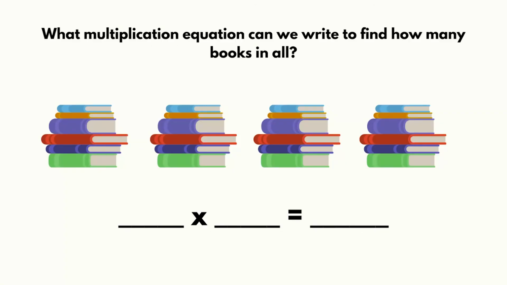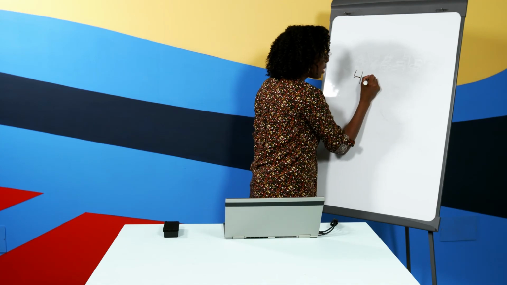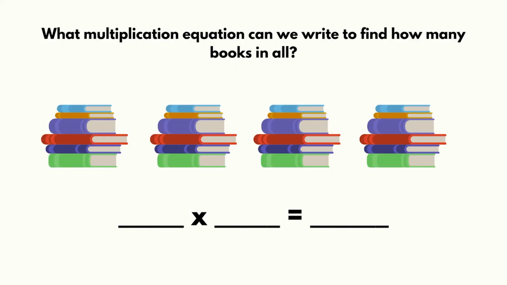Let's take a look at these books here. We want to write a multiplication to find out how many books we have in all. I see 1, 2, 3, 4 stacks. So that's our first number we'll use. We know we'll need a multiplication symbol, and now we need to know how many books are in each stack.